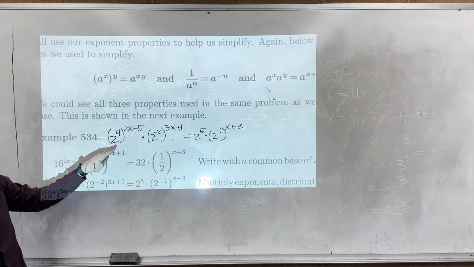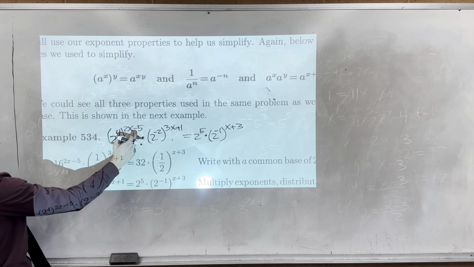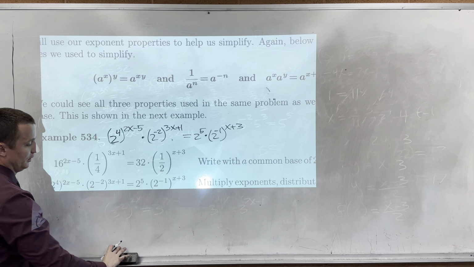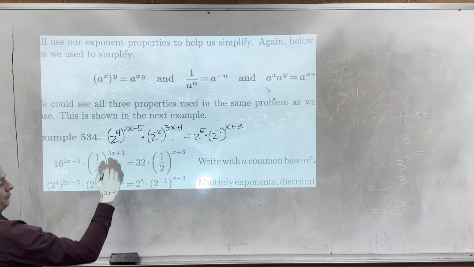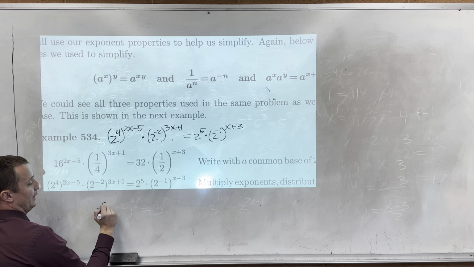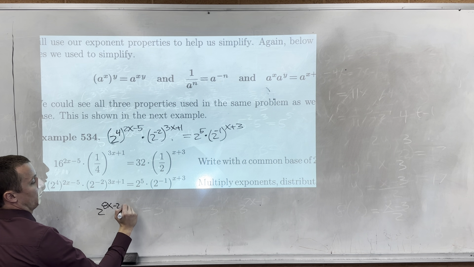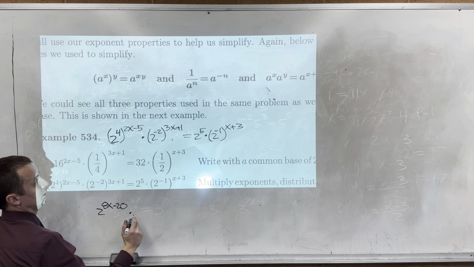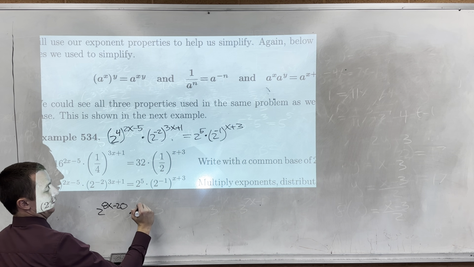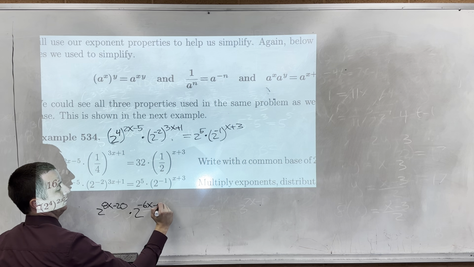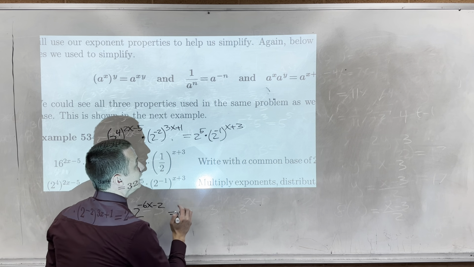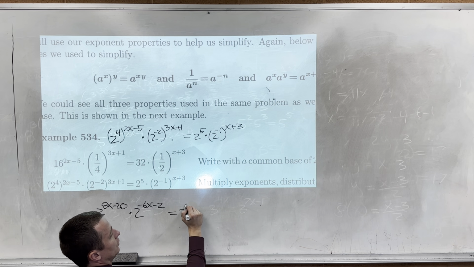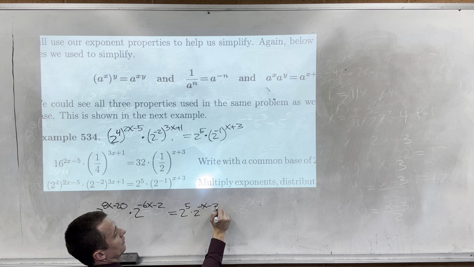Now, when we multiply terms, first let's figure out the exponents. So I've got to multiply this exponent by this exponent. So that's going to be 2 to the 8x minus 20 times 2 to the minus 2, is equal to, over here, 2 to the 5 times 2 to the negative x minus 3.